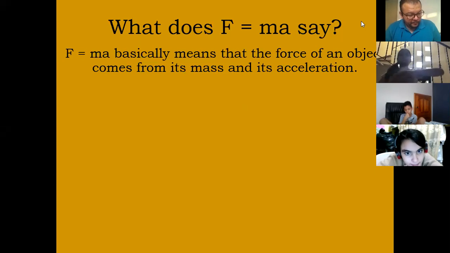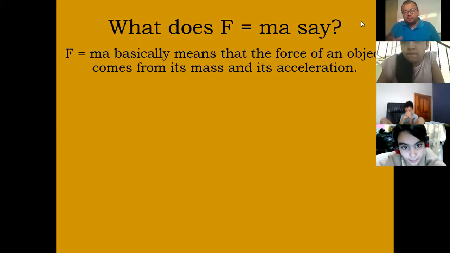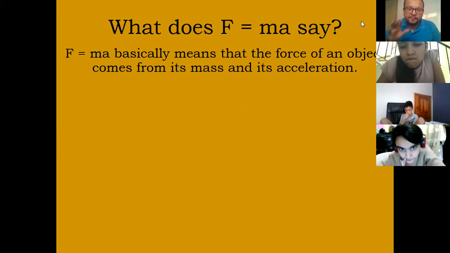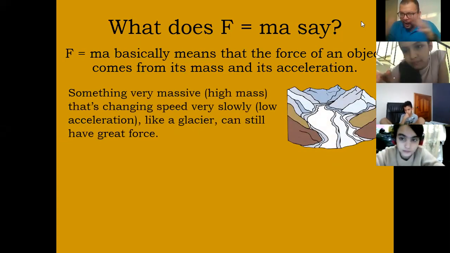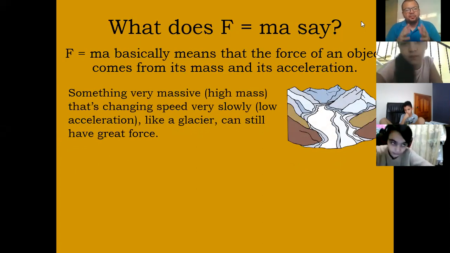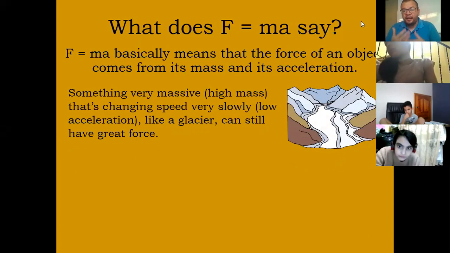Force equal to mass times acceleration basically means that the force of an object comes from its mass and its acceleration. Something very massive, high mass, thus changing speed very slowly, low acceleration, like a glacier, can still have great force.